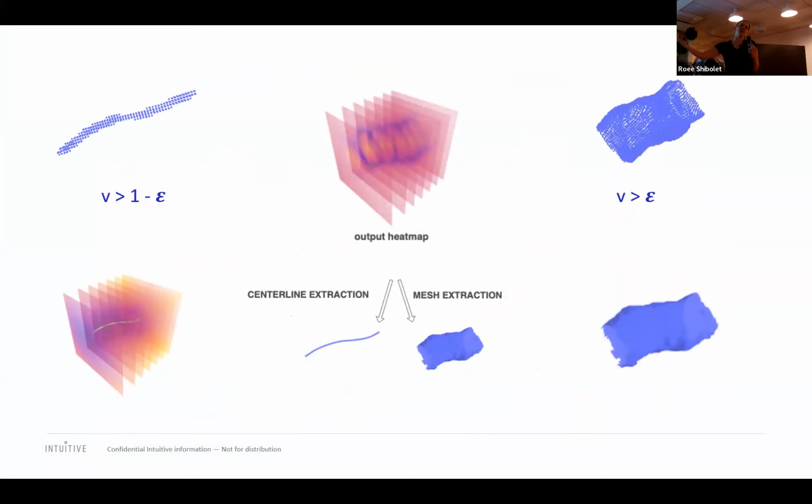Then we have a big heat map from which we extract the center line and the mesh, and then with the center line we split the results. You don't try to cover that in the pre-process? No. We fix it in post-process, basically. We estimate the coverage for each of these segments, and then we merge everything together, and then we extract the center line and the mesh.